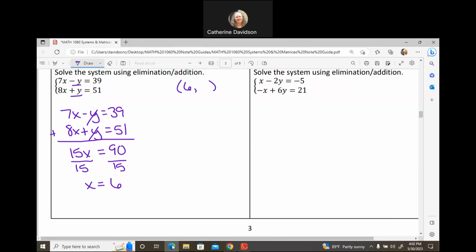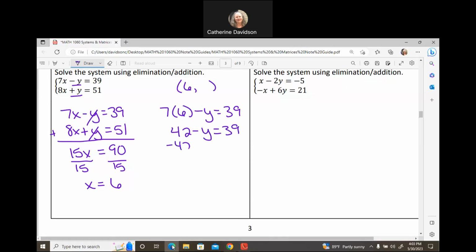All right, from there, we're going to plug in the 6 to either one of the equations. I'm just picking the first one, not for any particular reason. So our x is a 6. 7 times 6 is 42. At this point, we're just solving an equation.